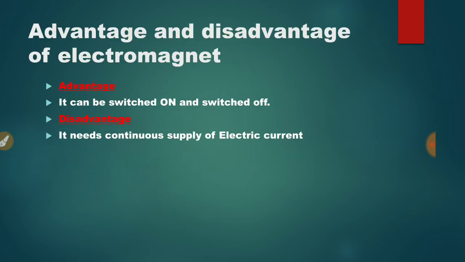But there are some advantages and disadvantages of an electromagnet. The advantage is that it can be switched on and switched off.